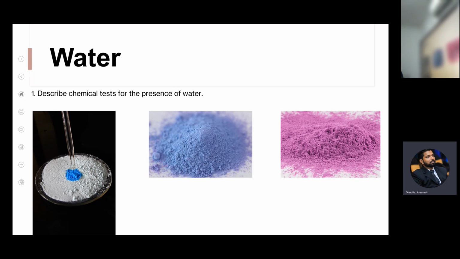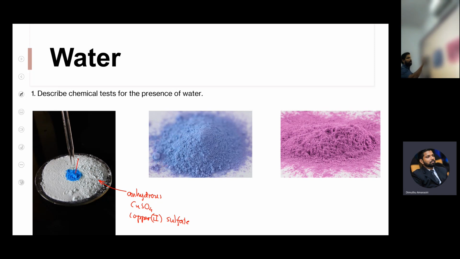Okay, so water. Describe the chemical test for the presence of water. You can already see the white powder over here is anhydrous copper sulfate, copper 2 sulfate, of course. And if you put a little bit of water, you will see it clearly turns blue.